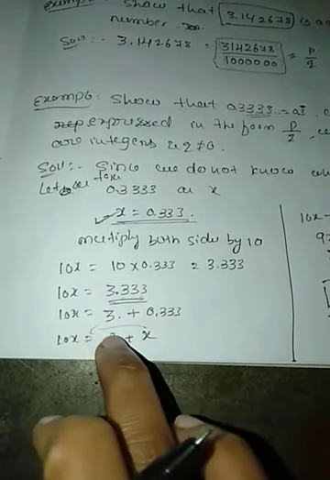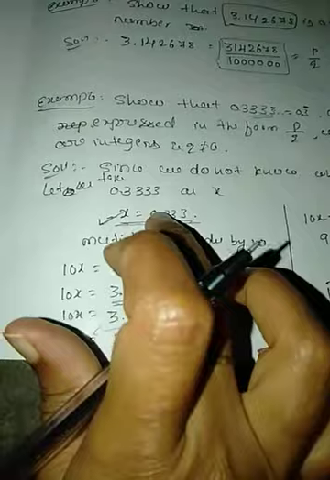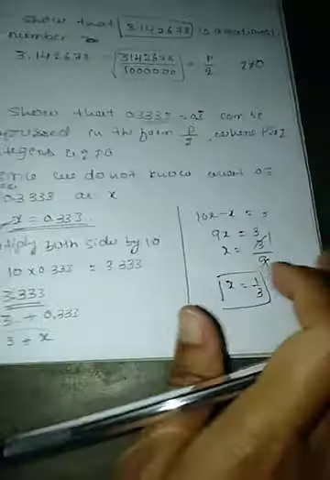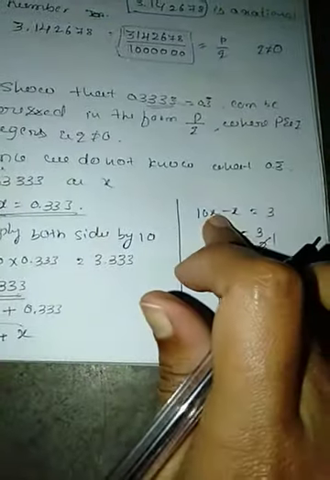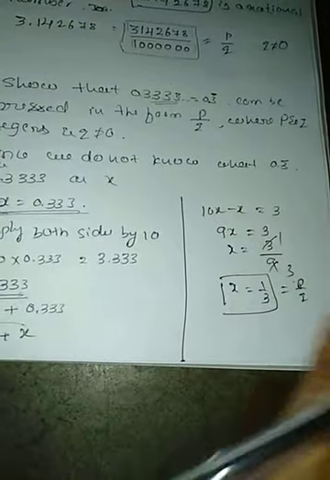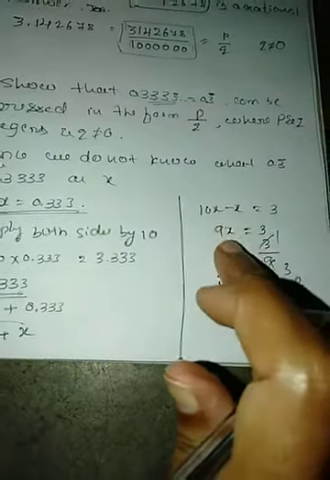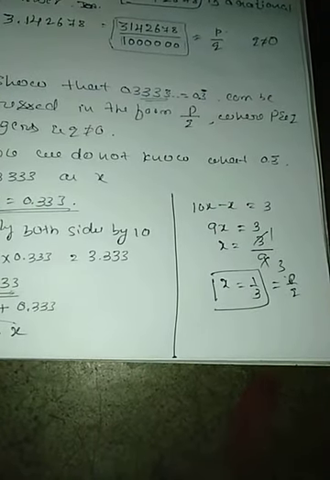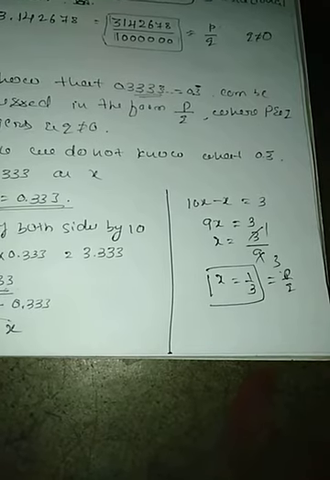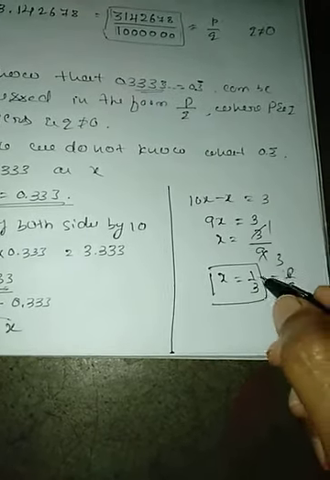So 10x is equal to 3 plus 0.333, which becomes x. This x shifts towards the LHS, the plus x becomes minus x. 10x minus x equal to 3. 10x minus x is 9x. 9x equal to 3, and x is equal to 3 by 9. 3 ones are 3, 3 threes are 9, so x is 1 by 3.